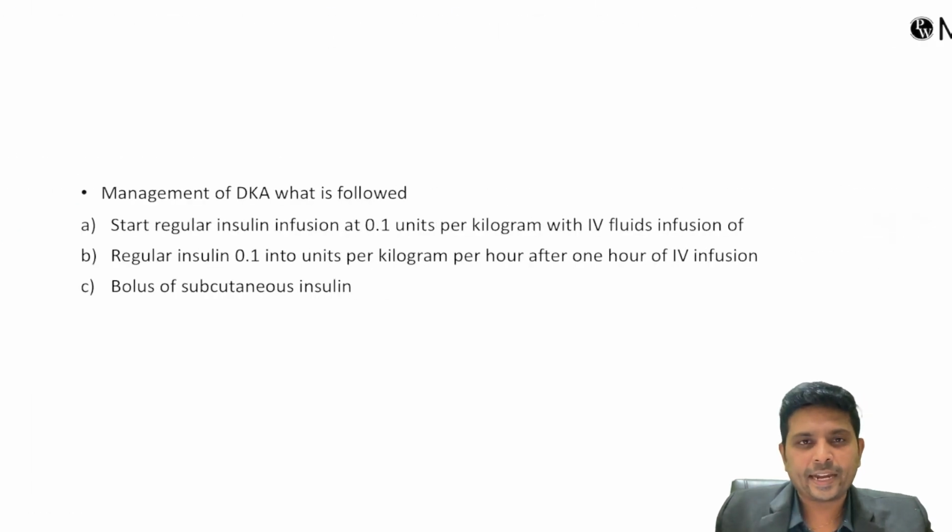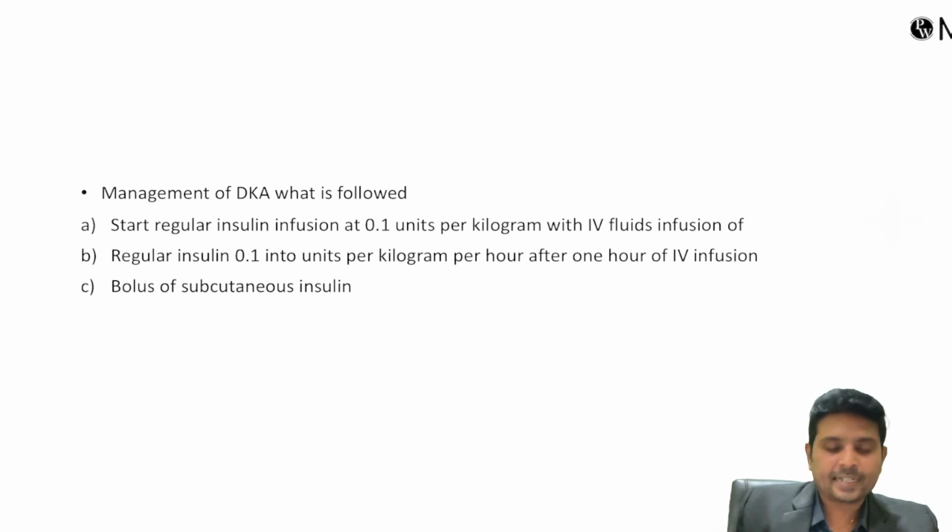Management of DKA, what is followed? Start regular insulin at 0.1 units per kilogram per hour with IV fluid infusion, after 1 hour of IV infusion, and bolus of subcutaneous insulin. The main cause of death in diabetic ketoacidosis is severe dehydration.